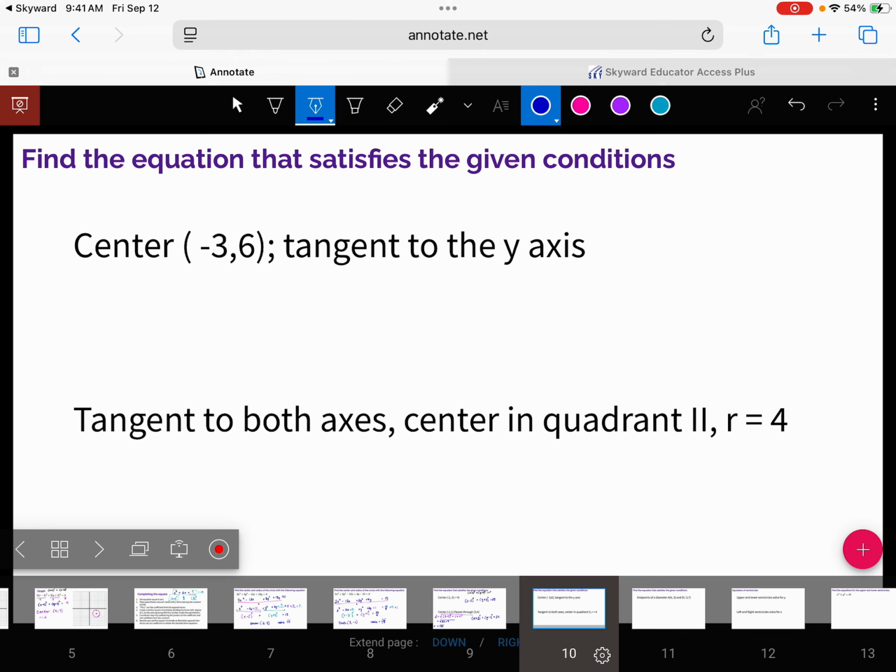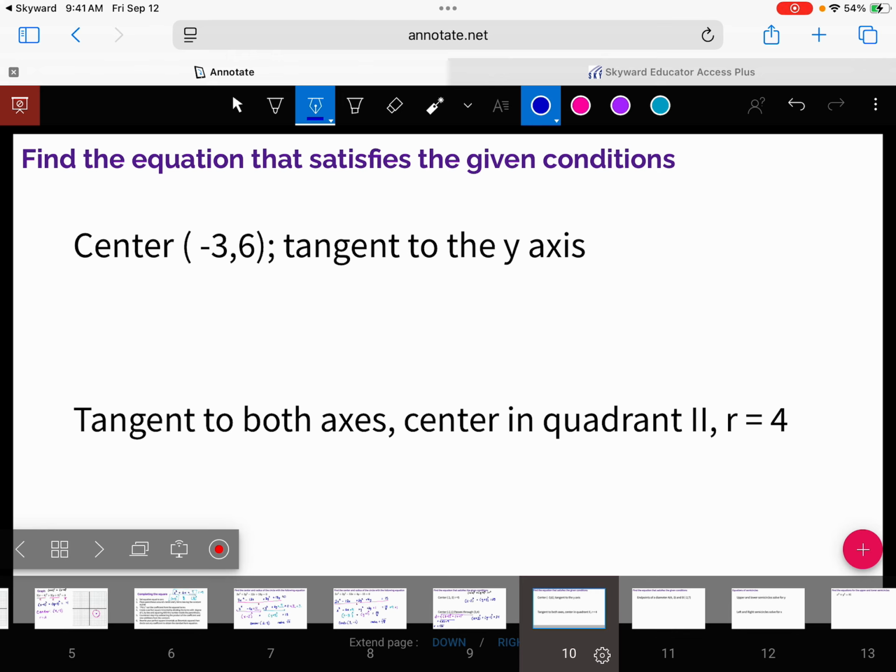So if we have a center at -3, 6, and it's going to be tangent to my y-axis, that means it's going to go like this. It's going to touch it.